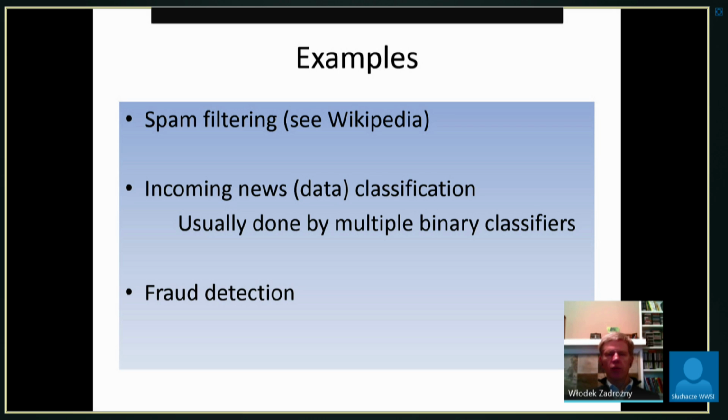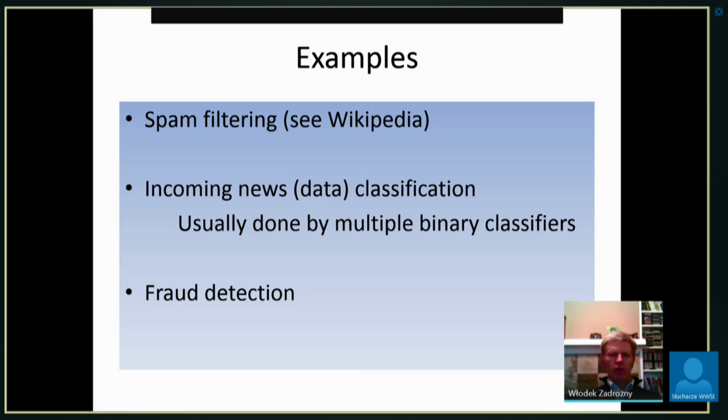An article is about politics or is not about politics. This allows us not only to put the news or other pieces of data into these buckets or classes, but also some of the pieces might be about multiple topics. So for example, a piece of news might be both about politics and about money.